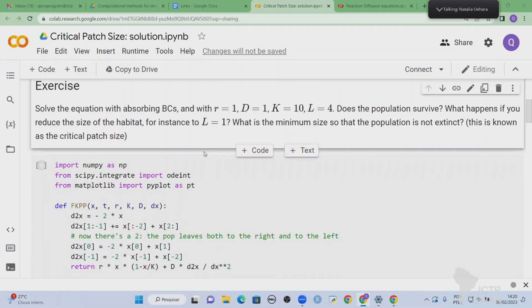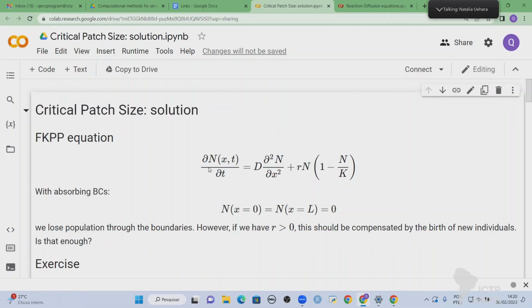So the exercise is like that. We have these parameters here. R equals 1, G equals 1, carrying capacity is 10. One thing that is interesting now is that this carrying capacity is no longer a unit of population, because this M here is not population, it's population density.